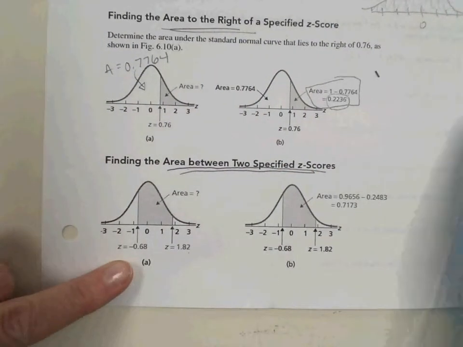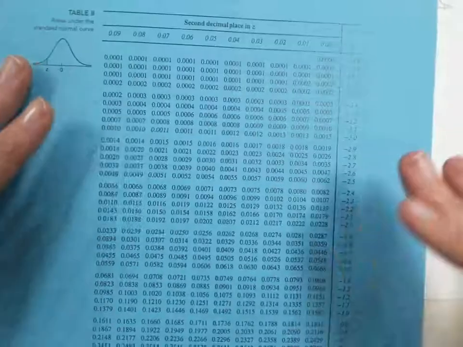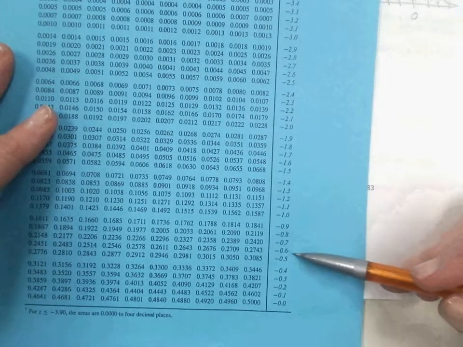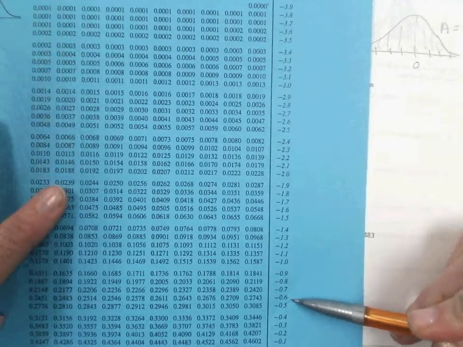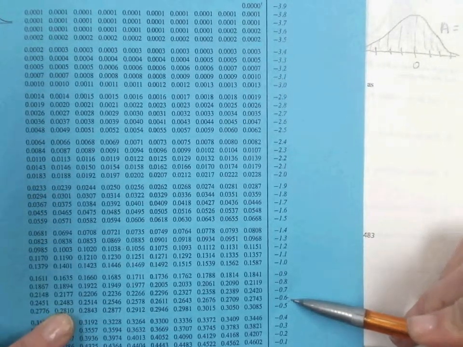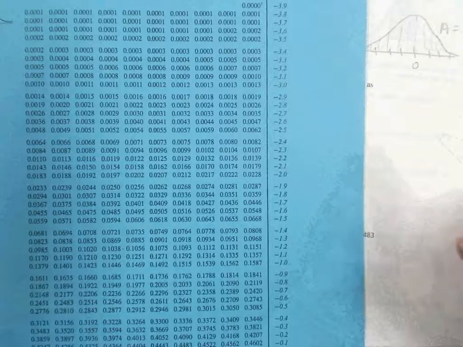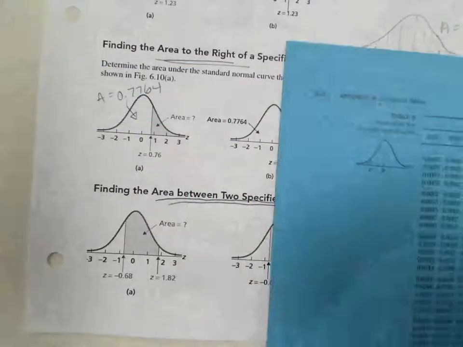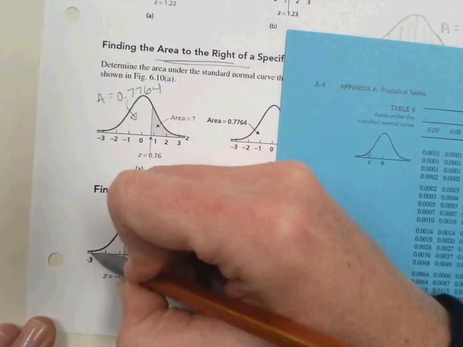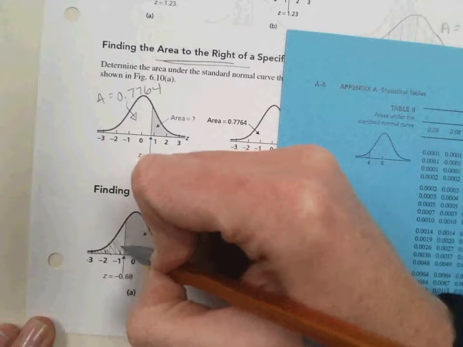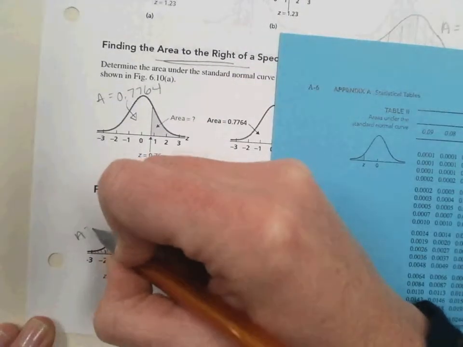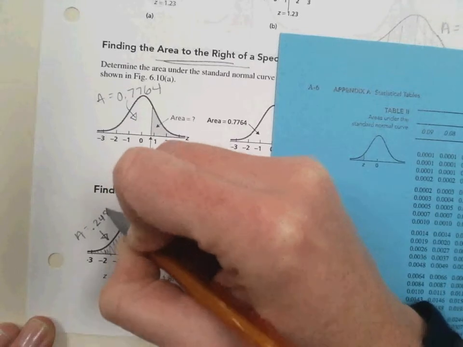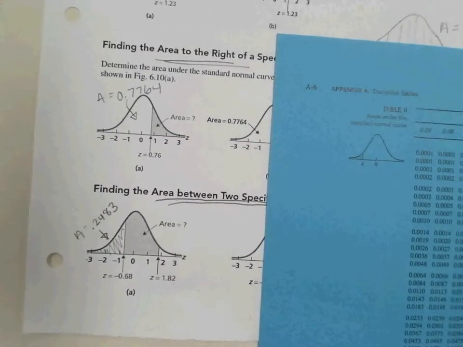Okay, so first we'll find negative 0.68, and that gives 0.2483. So that means this area here is 0.2483.